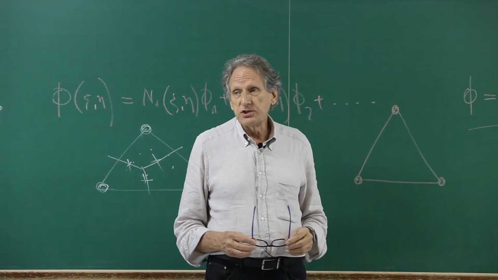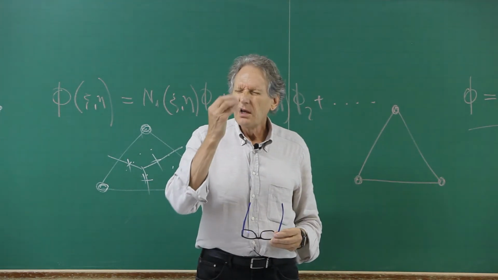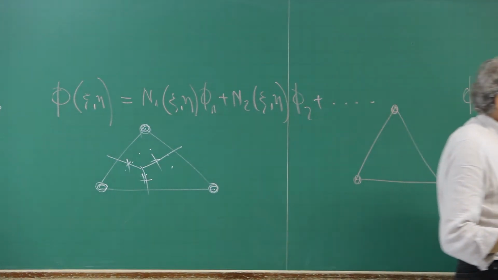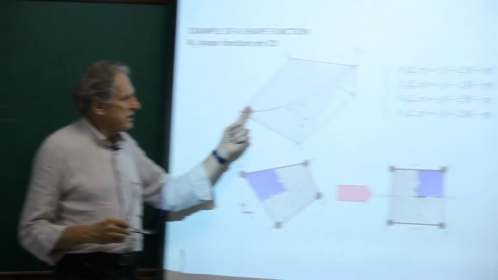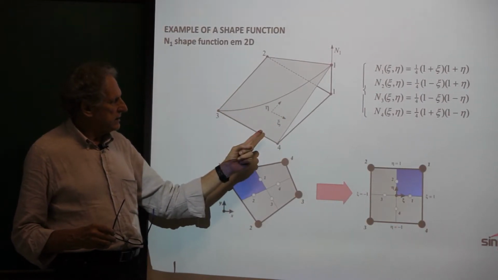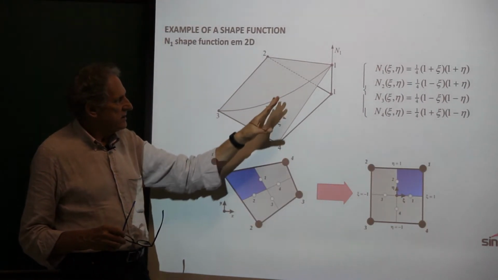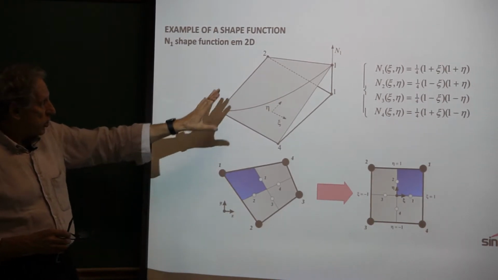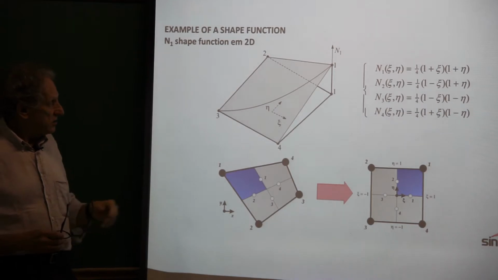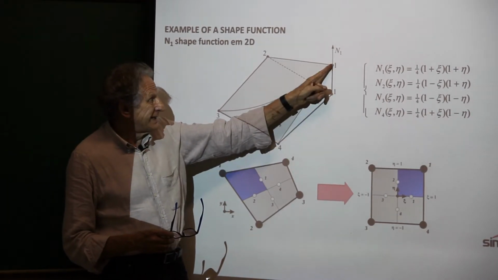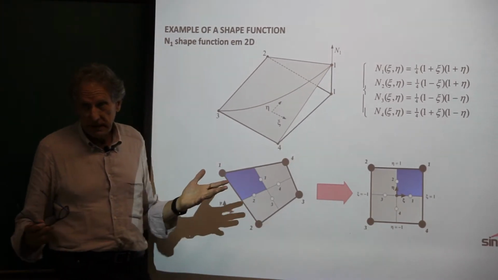Example of a shape function. Just to visualize the shape function, let's take the N1 shape function. The N1 in a quadrangular element looks like this gray drawing that we have here. The value of N1 in point 1 is 1, it has to be.